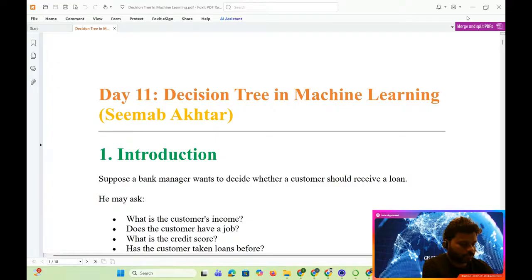So I'm going to explain the decision tree in machine learning. So this is the lecture third in the machine learning topic, and this is the overall course for the A to Z complete GIS section. So we have learned Python, we have learned about SQL, we have learned about the basics of Python, and we have learned about QGIS and all these things.